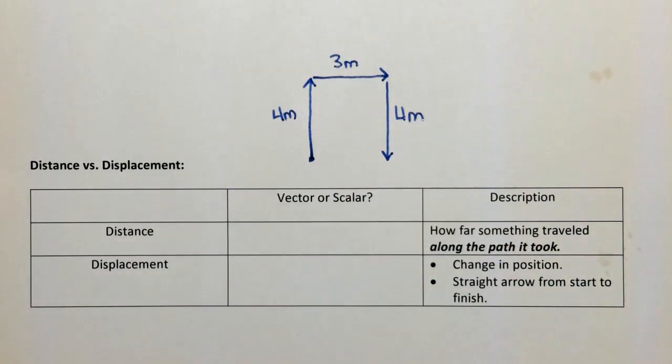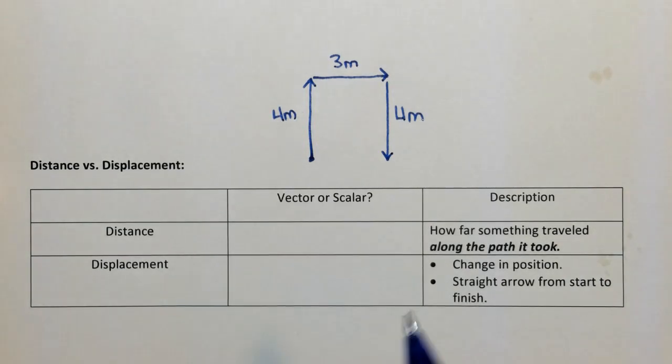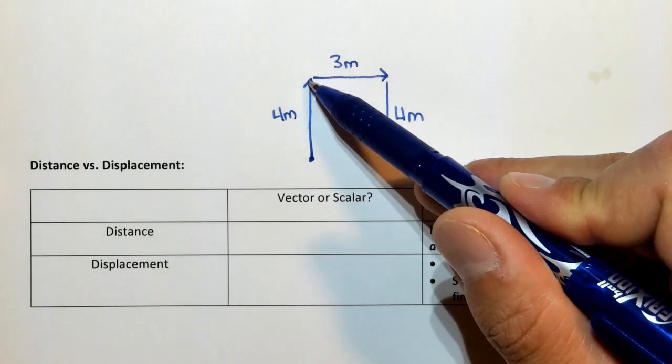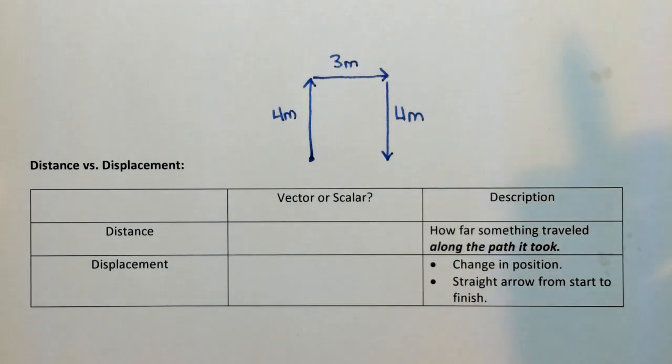Okay. What would be the distance I traveled? Well, I think you could probably look at this and say 4 plus 3 plus 4 is 11 meters.